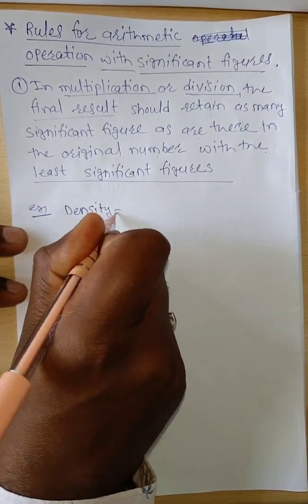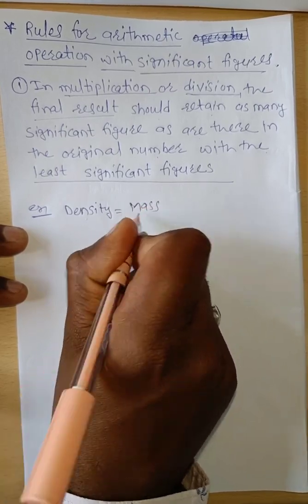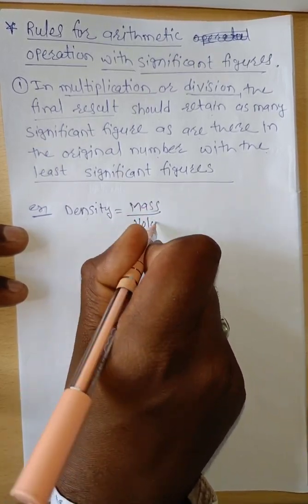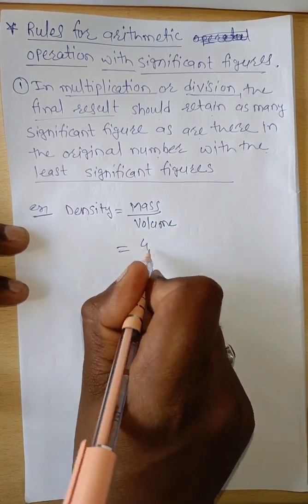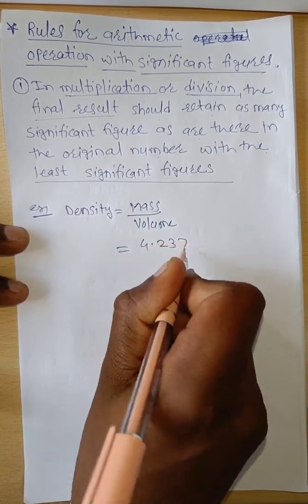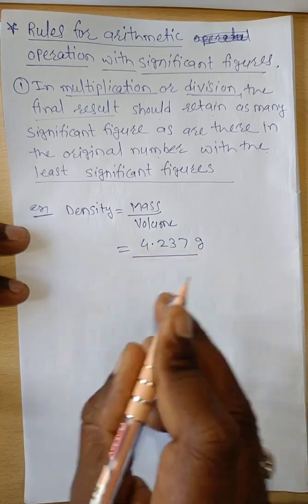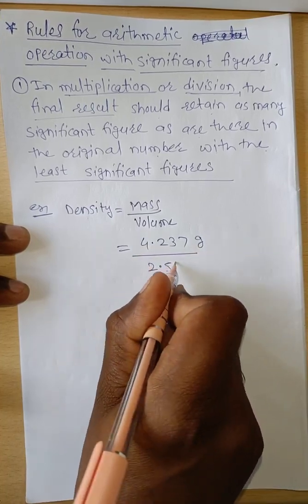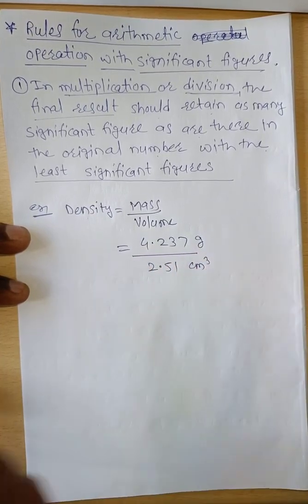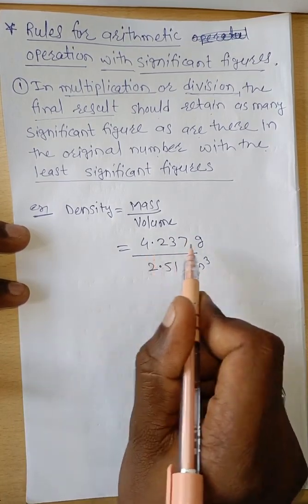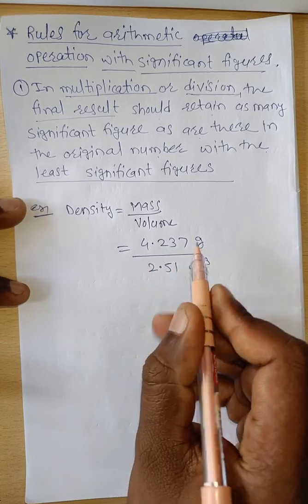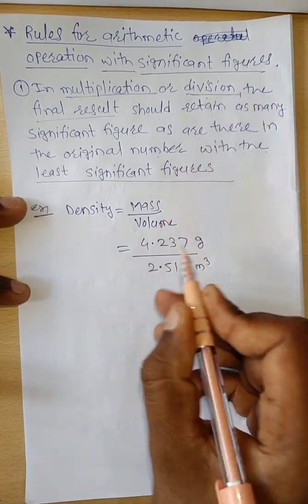What is the formula of density? Density is nothing but mass divided by volume. Now in that case suppose the mass is 4.237 grams and the volume is 2.51 cubic centimeters. Density is mass divided by volume. Now this is a division.